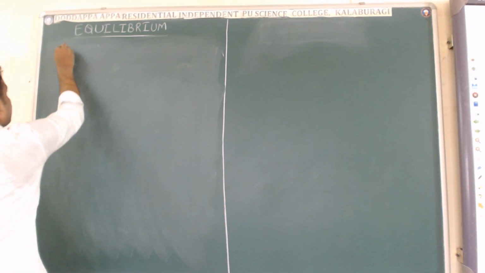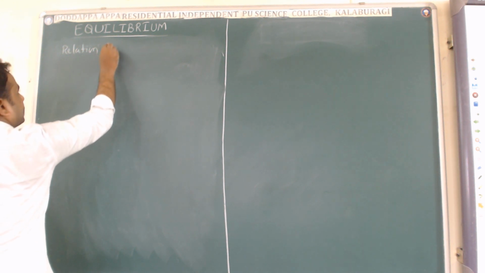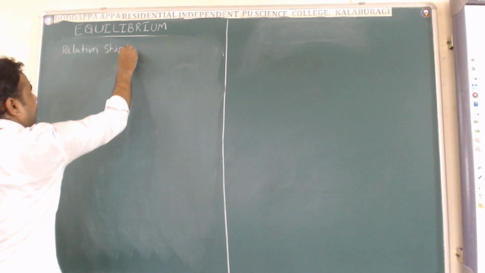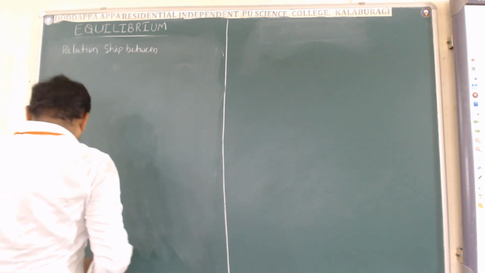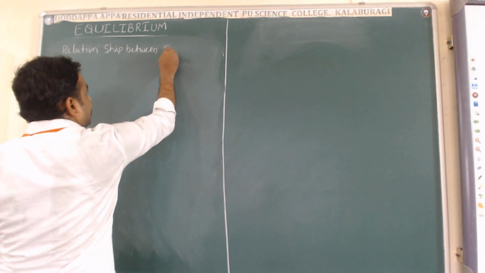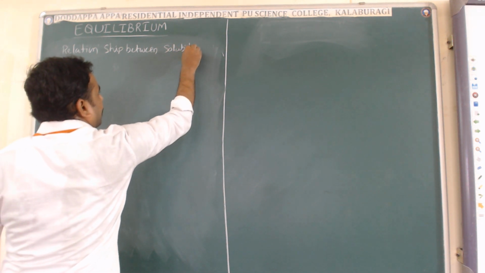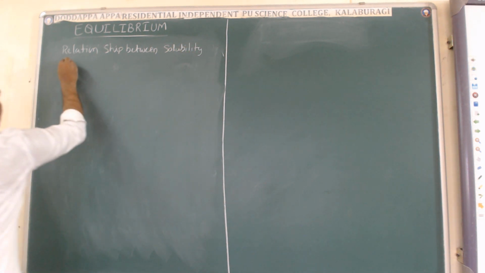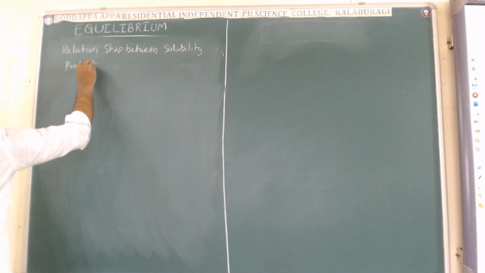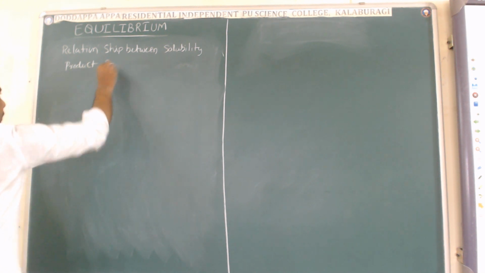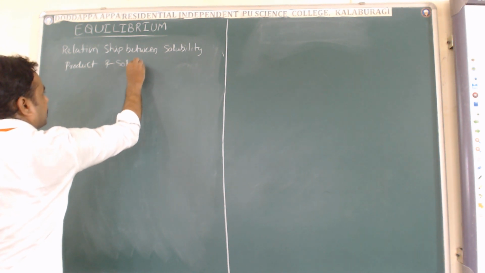Next one is the relationship between solubility product and solubility.